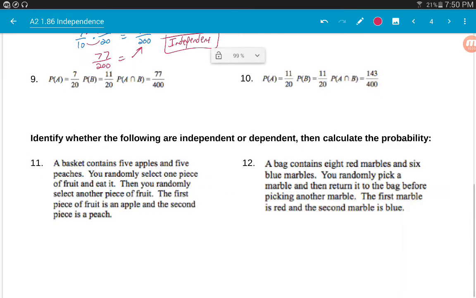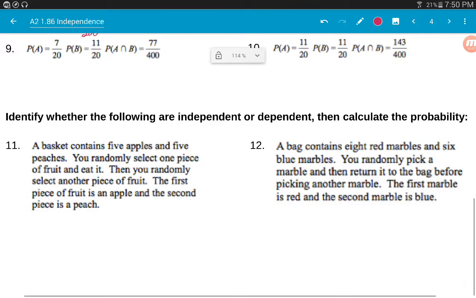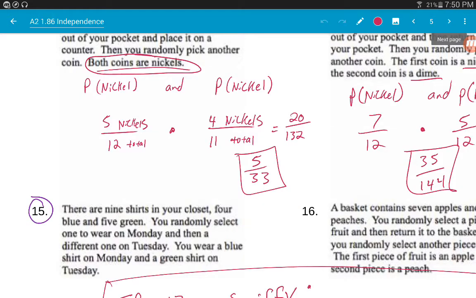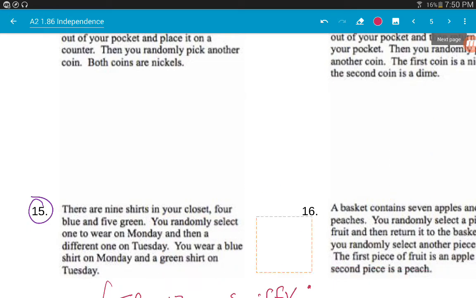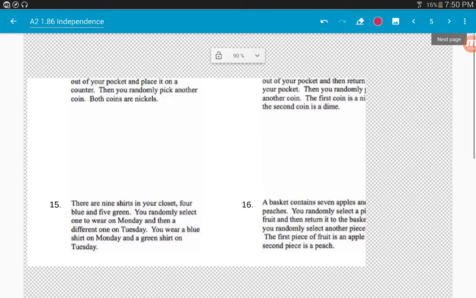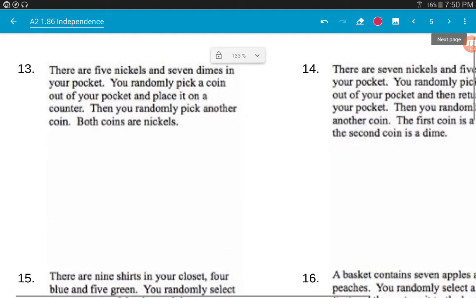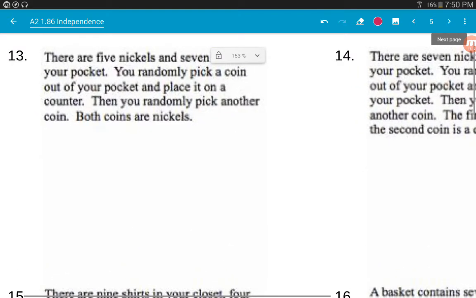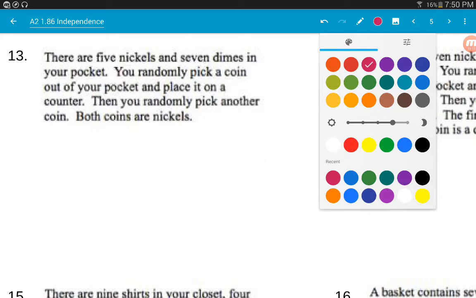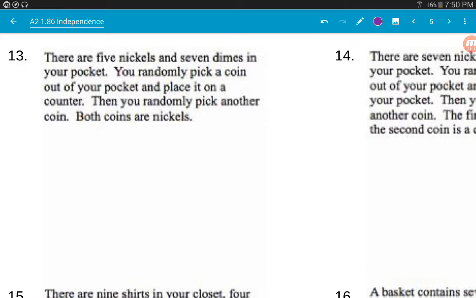Identify whether the following are independent or dependent, then calculate the probability. So I'm going to move on to one on the back. Independent or dependent. Let me just erase all this. Okay, 13. When I do questions like the problems, what I like to do is I like to ask myself, what do I need in order to make this scenario come true, right?